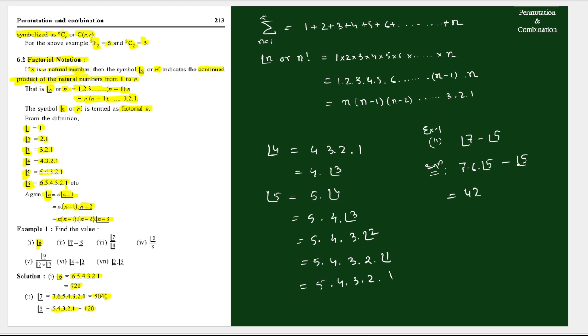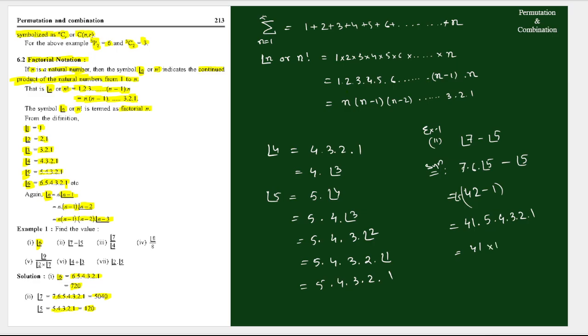Now what will come from here? If you take factorial 5 common, we will get 42 minus 1. So 42 minus 1 is what? 41. And factorial 5 means 5 into 4 into 3 into 2 into 1, which is 120.